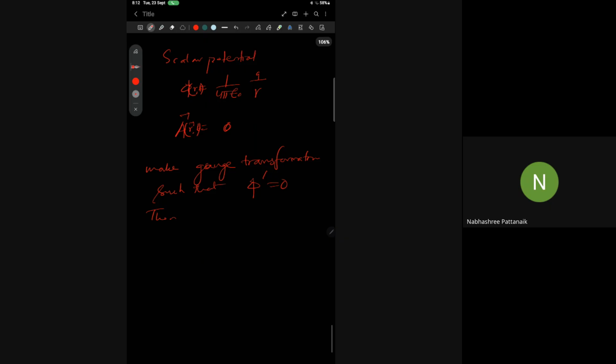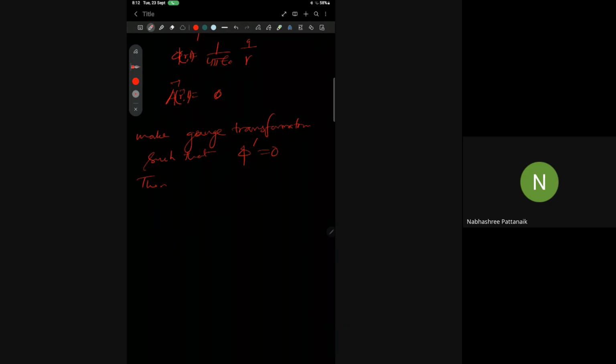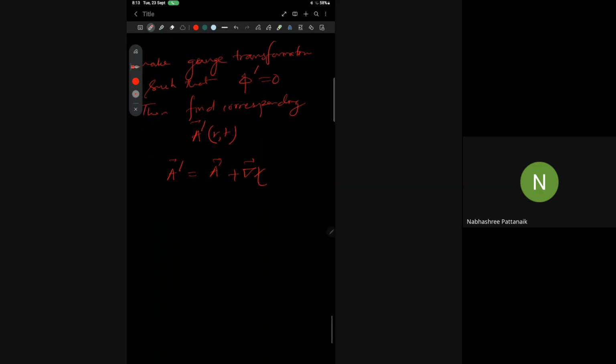Then phi prime is equal to 0, and a prime also changes. Then find the corresponding a prime. Did you understand the question? Yes sir. Okay, the equation we wrote earlier was a prime is equal to a plus del chi. Then phi prime would be phi minus del chi by del t. No, it is not minus? No, we have chosen it like that.